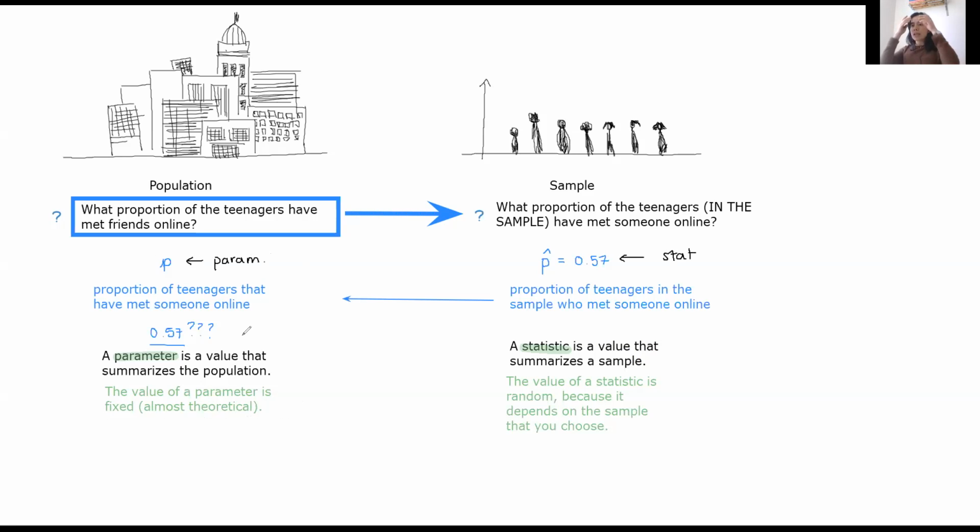The parameter is always going to be, for us, the thing that we're trying to estimate, whereas the statistic is our actual estimator, the thing that we're actually computing from the sample. And from here, I can say the big statement for today, which is that a statistic is a value computed from a sample to estimate the value of a parameter.